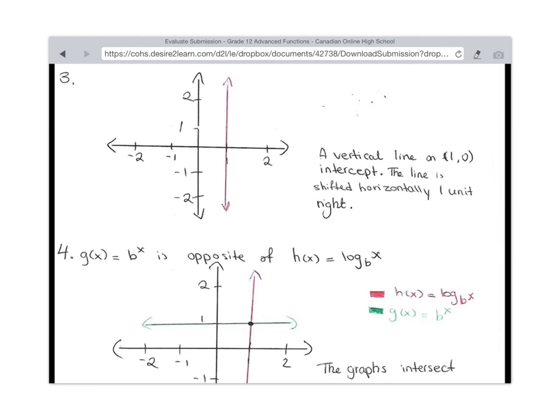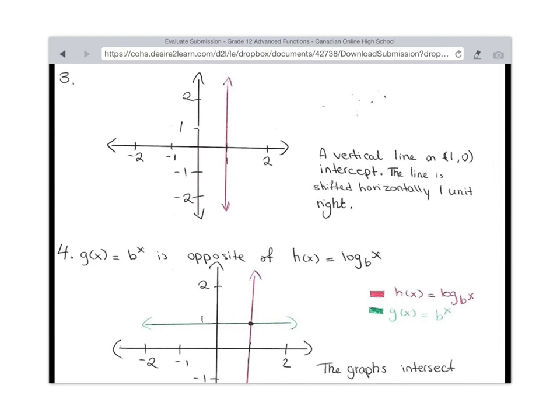Okay, looking at question 3, you're right that if we use 1 here, we're going to get a vertical line at 1, 0, and so, yeah, you've got that one right. Going to question B now.